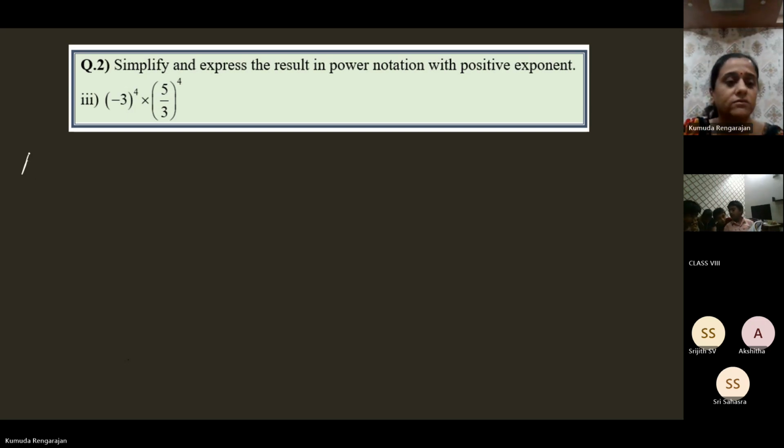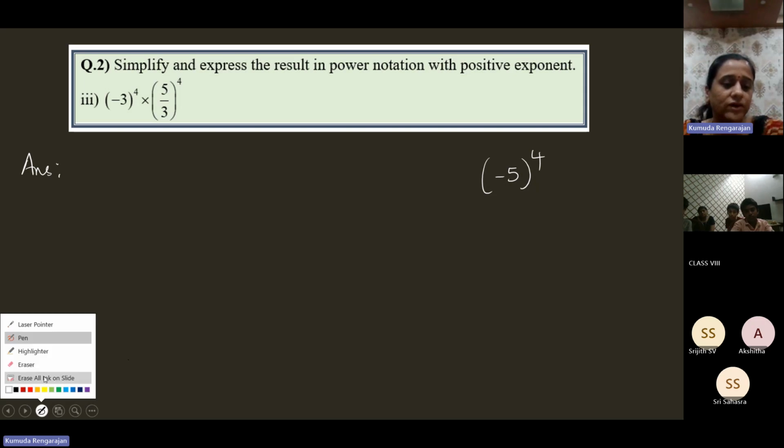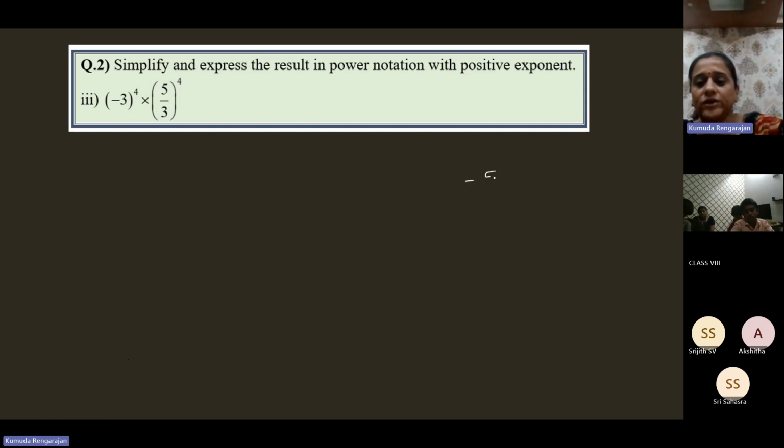Okay. So children, before we do this, listen to this one. Now, supposing you have minus 5 to the power 4. All right. Okay, let me not say minus 5 to the power 4. Let's say minus 5 to the power 125.